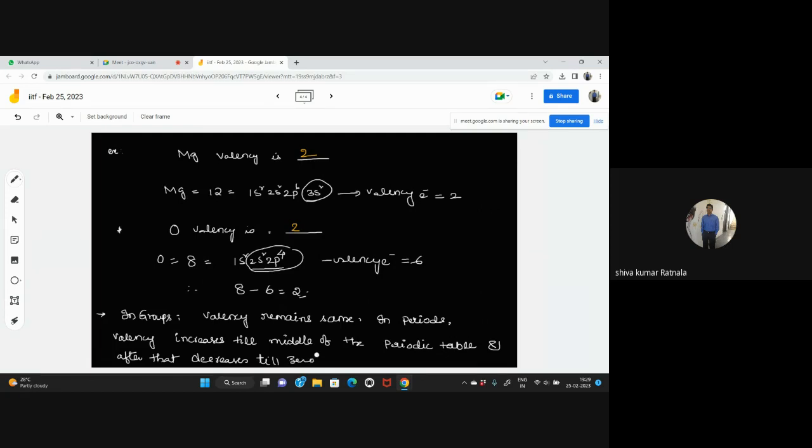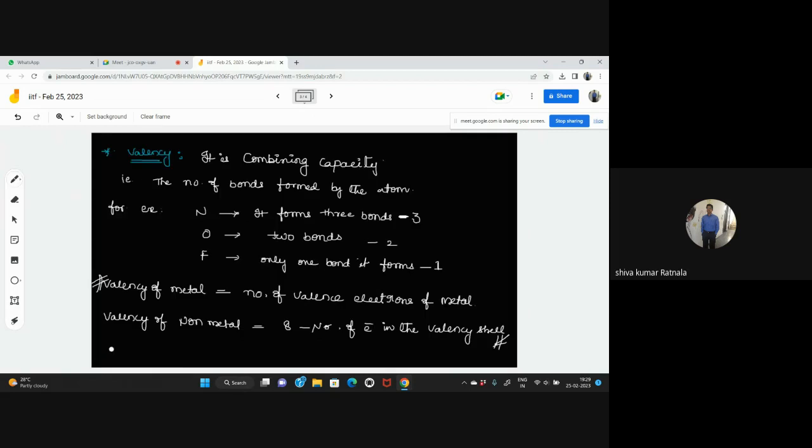For non-metals, inert gases have valency 0. One more point I want to add: inert gas valency is 0, that means inert gases don't form any bonds. I want to write that.